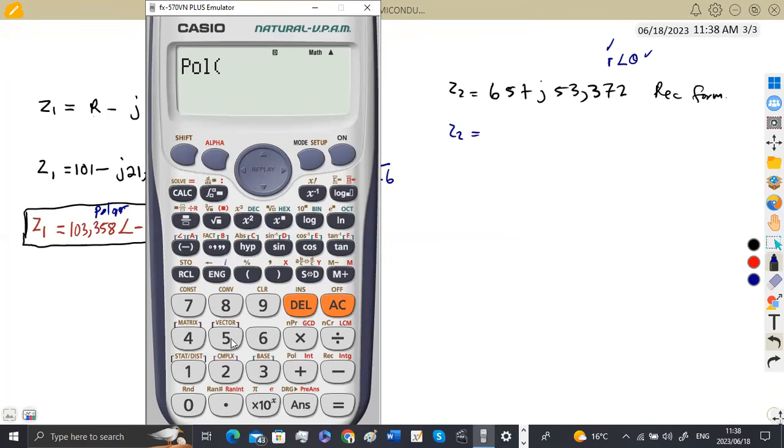We press shift, polar, 65, shift, comma, 53, comma, 372, using the normal comma that you use. Then equals, and our answer is in polar form. We have R equal to 84,105 to 3 decimal places.